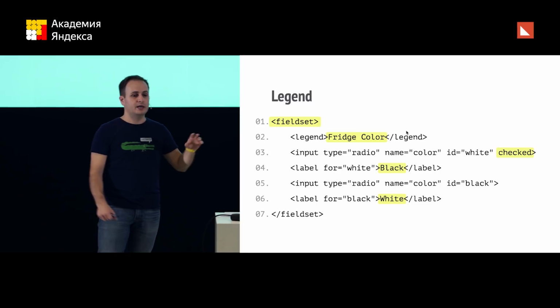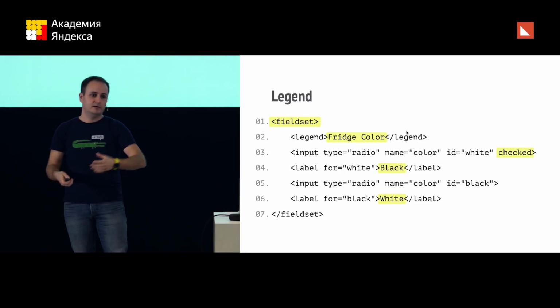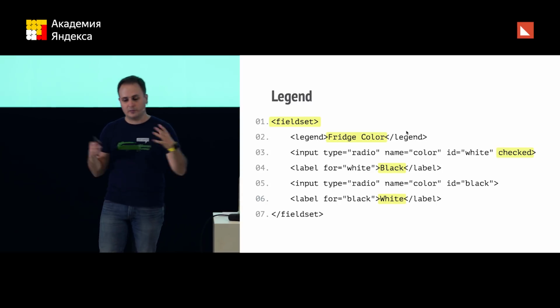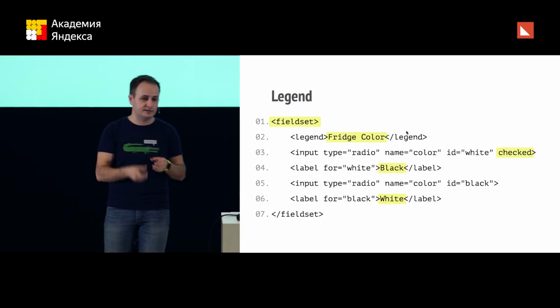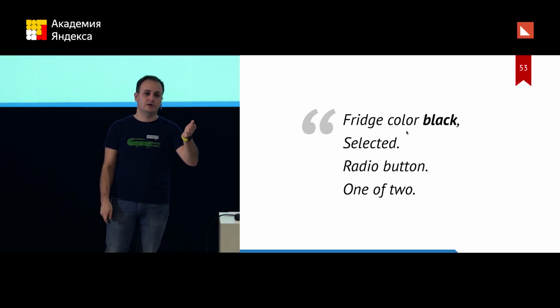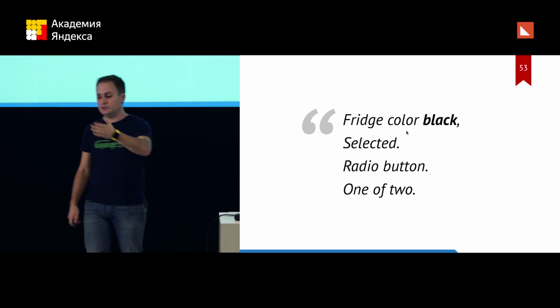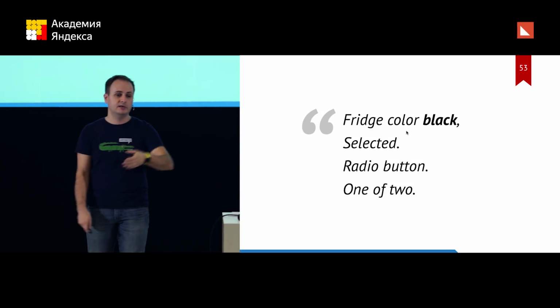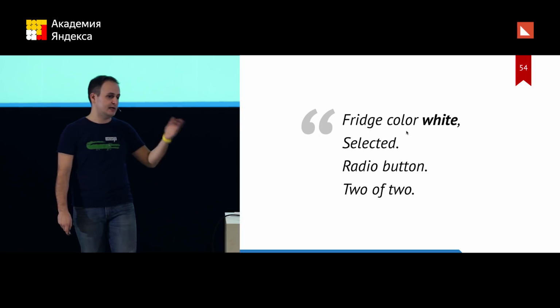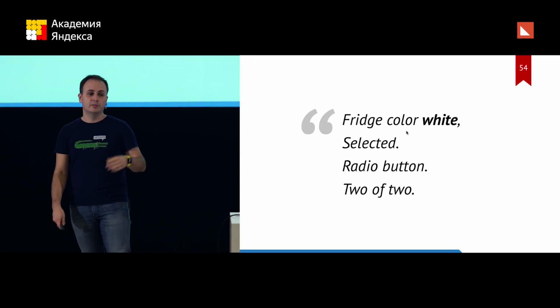So make sure your fieldsets, so sets of fields, have a legend element that combines contents, and it's a much better interface. Fridge color black when the first radio button is selected, and fridge color white when the second is selected. So that's how screen readers read your interfaces. Please help them.